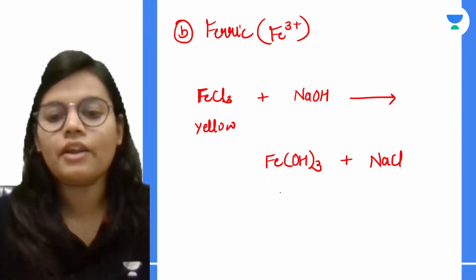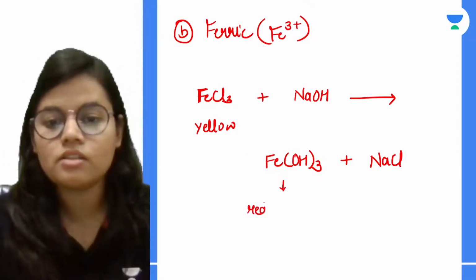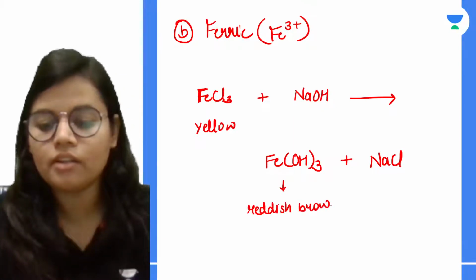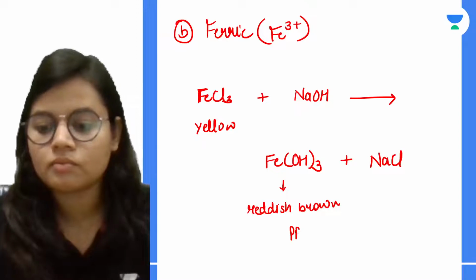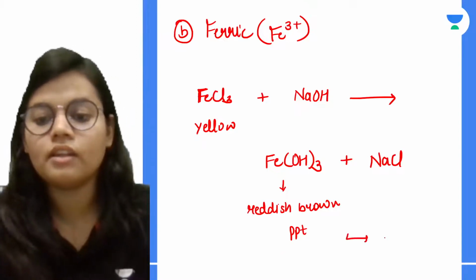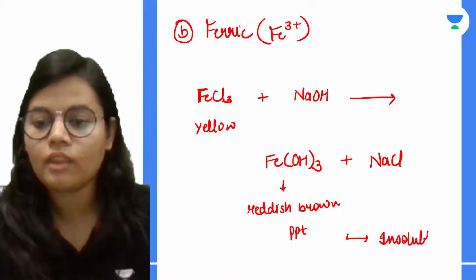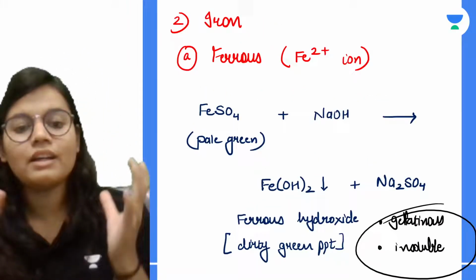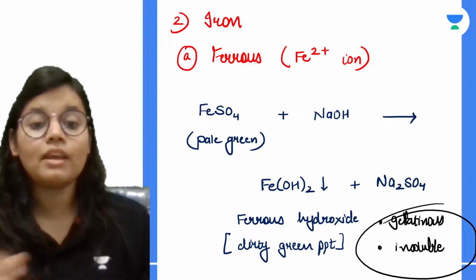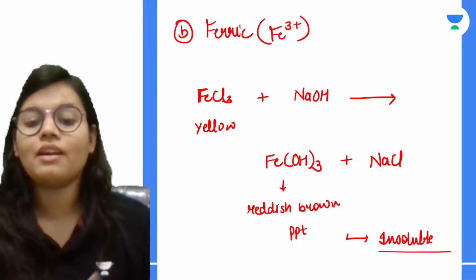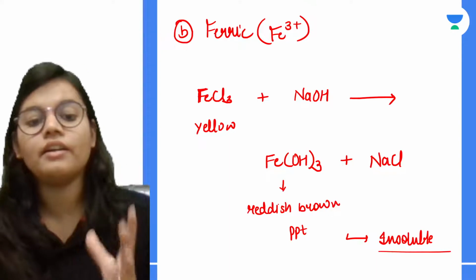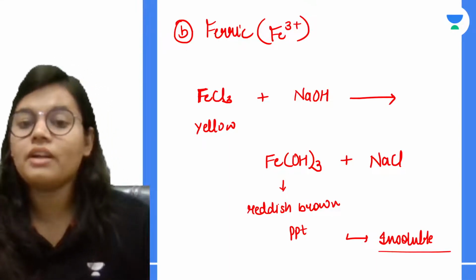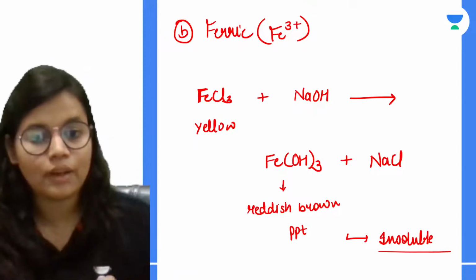Now this ferric hydroxide is a reddish brown precipitate, and again it is insoluble. So we saw that in the case of ferrous we had a green precipitate, and in the case of ferric we have an entirely different reddish brown precipitate. So with the same compound, different ions can also be identified.